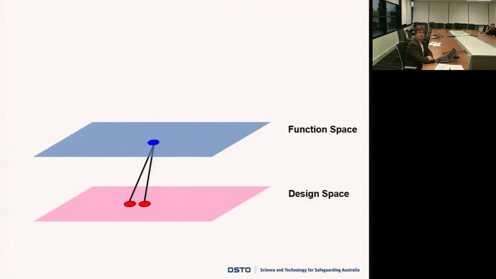Now, the advantage of this representation in terms of design and function in this mapping is that I can depict, for instance, two different objects that can perform the same function. It could be, for instance, a 6x6 vehicle or an 8x8 vehicle that can both carry 5 tons of cargo. That would be an example.